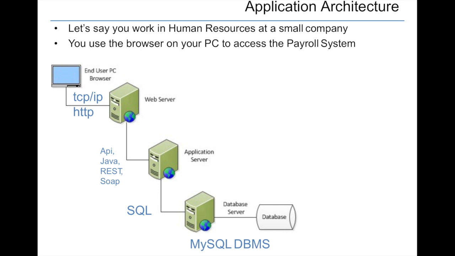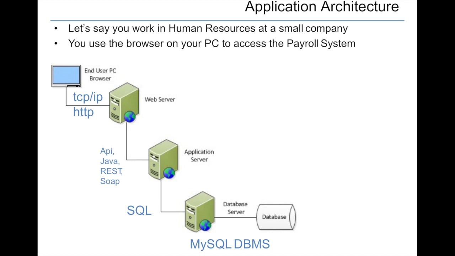The first one that we hit is TCP/IP and HTTP, which we'll look at a little later this week. Then from the web server to the application server, sometimes the web server and the application server are actually wrapped into one server, but for this example, we're going to separate them. The web server and application servers are accessed through an API, such as REST, SOAP, Java.